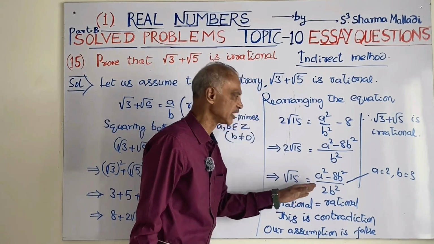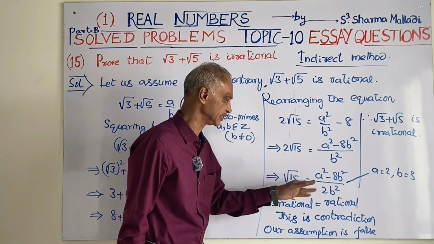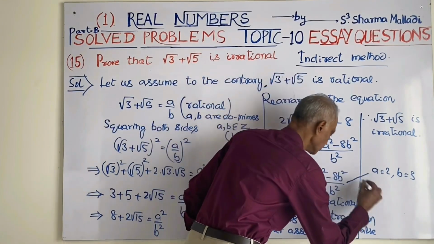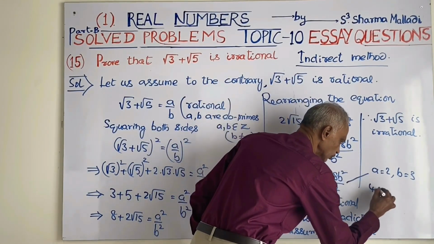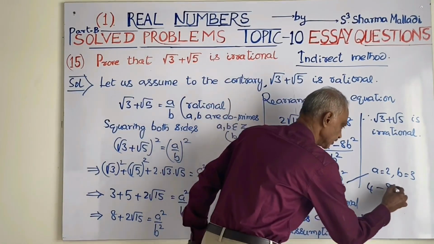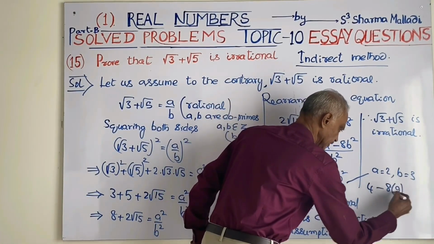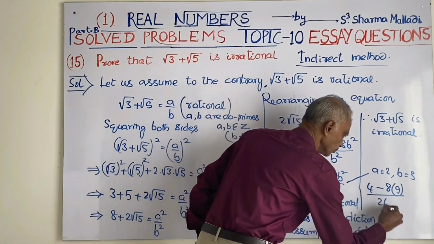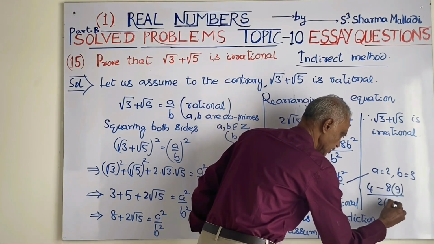Now substitute the values a is equal to 2 and b is equal to 3 in this one. You will get a rational number. a square means 2 square, means 4, minus 8 into b square, b square means 9, by 2 into b square, means 2 into 9.